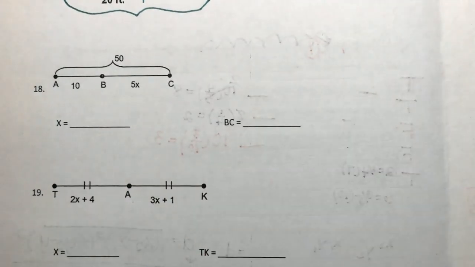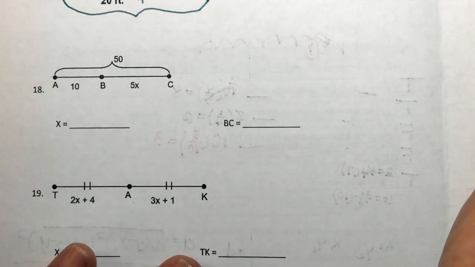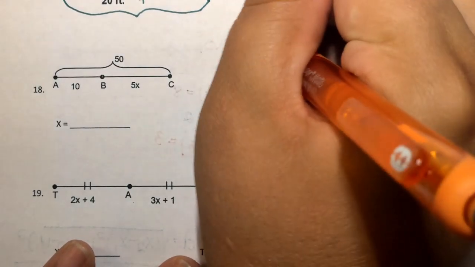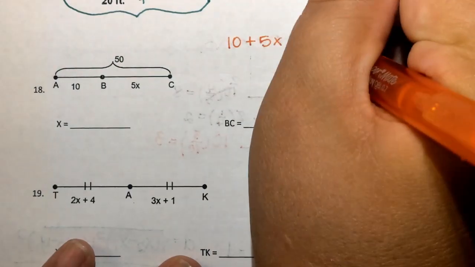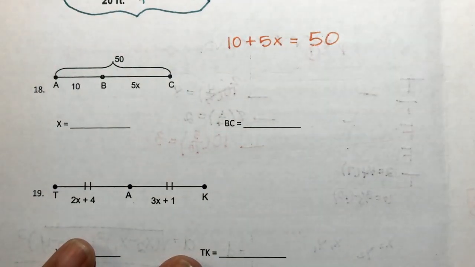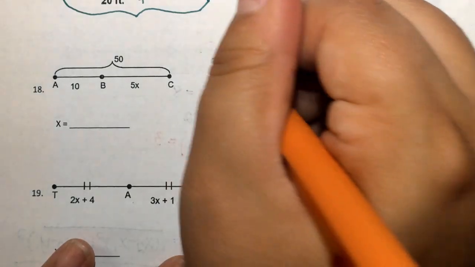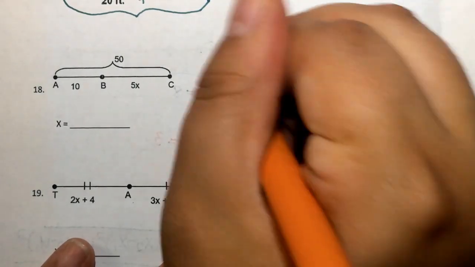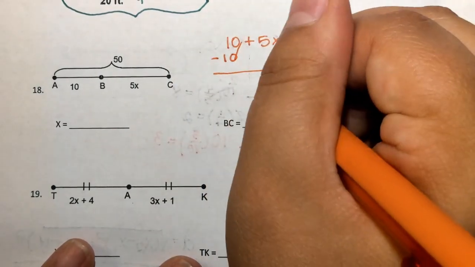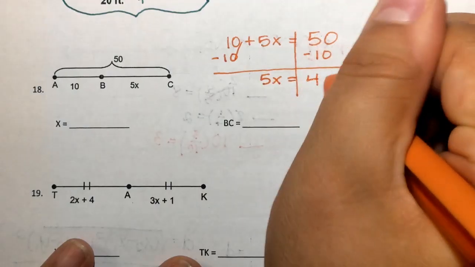All right, 18. What am I going to do? This is kind of like the last test. What's my equation going to be? 10 plus 5x. Your left plus your right equals the whole thing. And then just solve. How do you get x by itself? Minus 7.